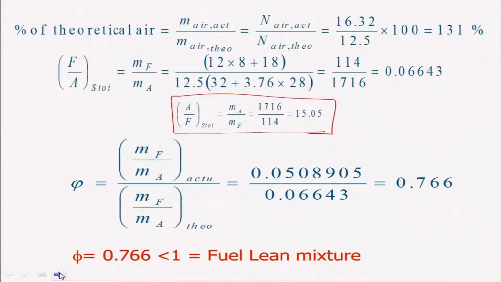It will be basically lean, it is less than 1, and if it is greater than 1, we call it rich, fuel rich. And if it is equal to 1, that is basically a stoichiometric mixture. So, as I told, in this case the mixture is fuel lean.